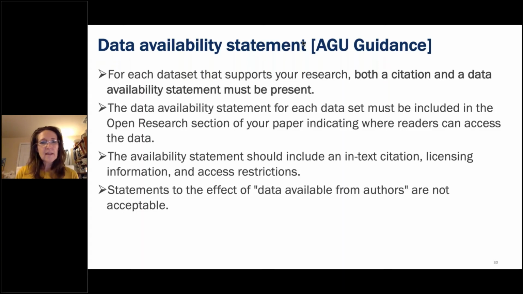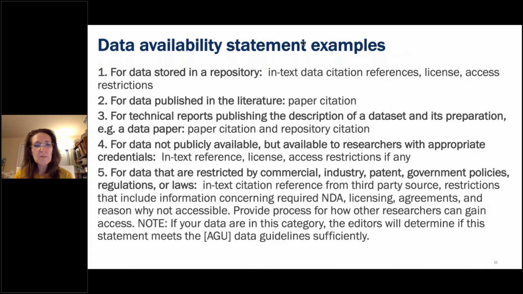Let's see. So here are some examples. If the data is stored in a repository, you would have an in-text data citation reference along with that access information and any licensing. If the data is located in a publication, you would cite the paper itself, that literature.